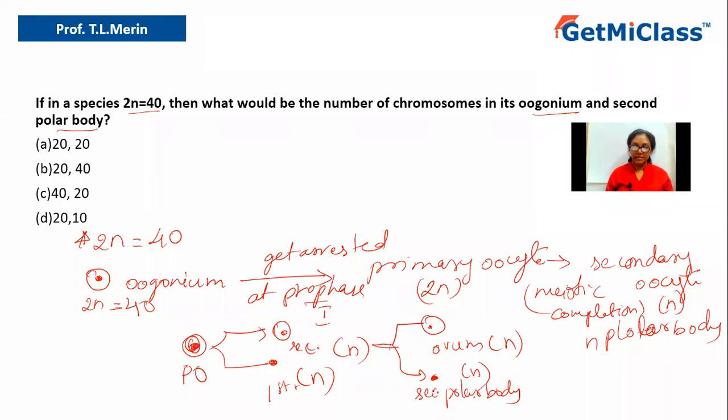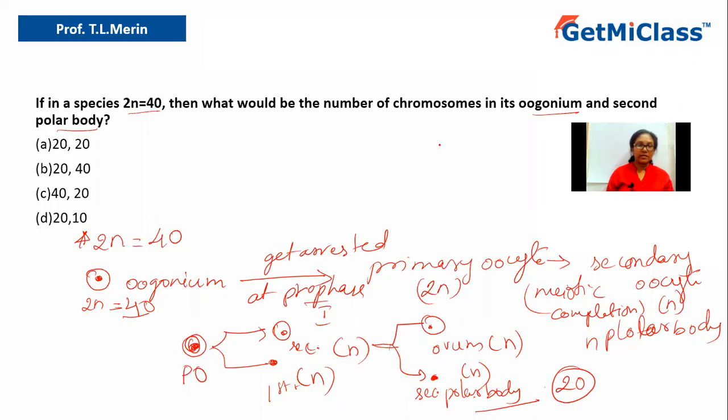Hence, you can say that the second polar body is having only n, that is half of the chromosomes. Initially, how much was there? It was 40. So half of 40 will be 20. So n will be 20 chromosomes. So in the second polar body, there will be 20 chromosomes.